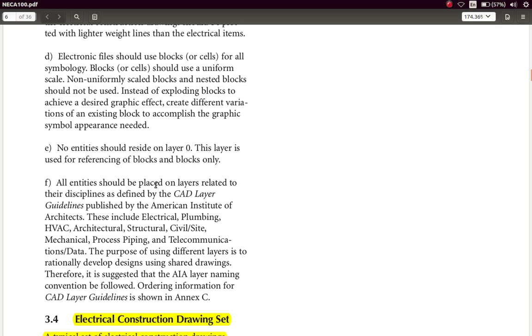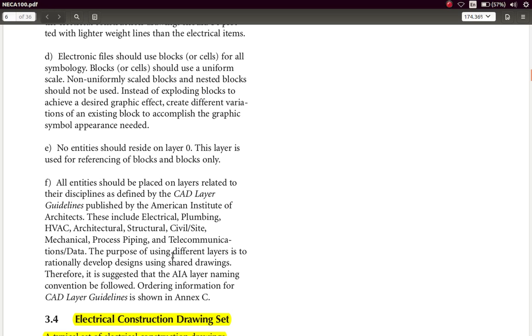All entries should be placed on layers relating to their disciplines as defined by the CAD layer guidelines published by the American Institute of Architects. These include electrical, plumbing, heating, ventilation or air conditioning, architectural, structural, civil/site, mechanical, process piping, and telecommunications/data.